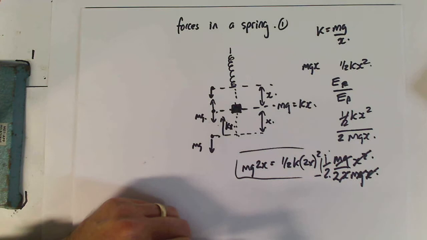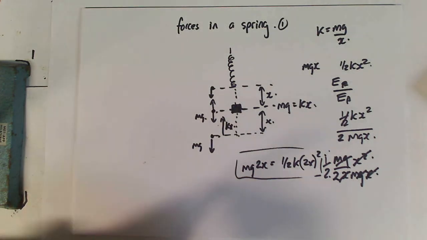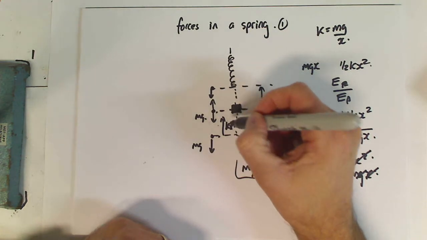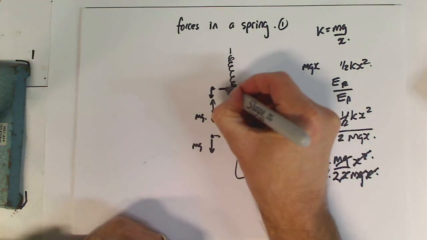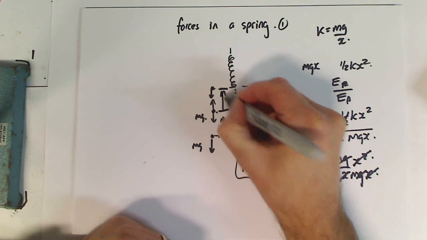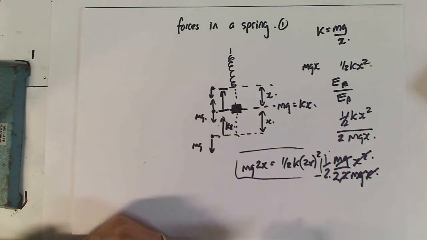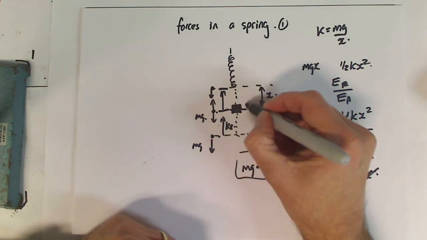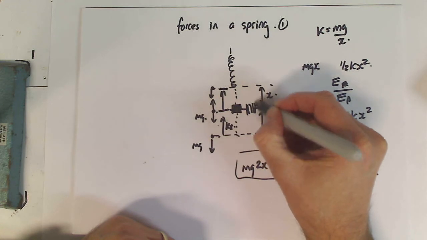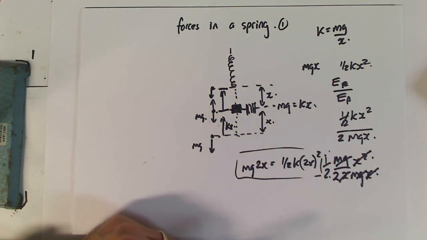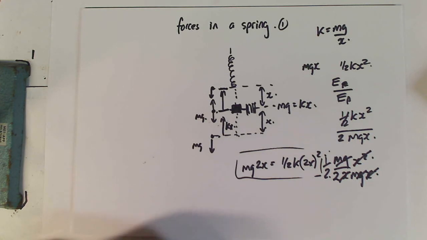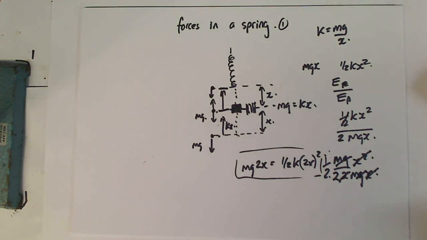At the top we've got a net force down of mg, and in the middle we haven't got anything. So the biggest amplitude you can have is this, when it's bouncing up and down with the full x. Of course, you can have little amplitudes up and down like this around the equilibrium position. Okay, enough on that one.